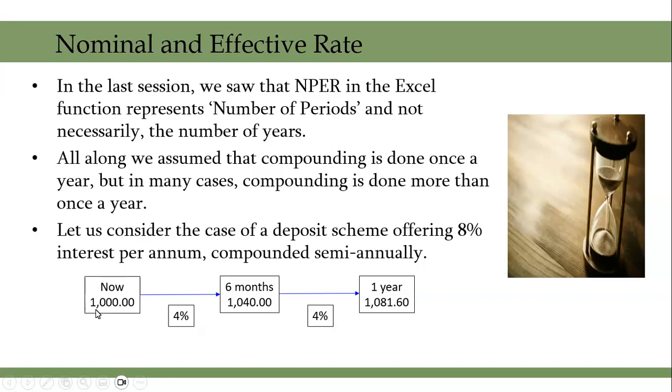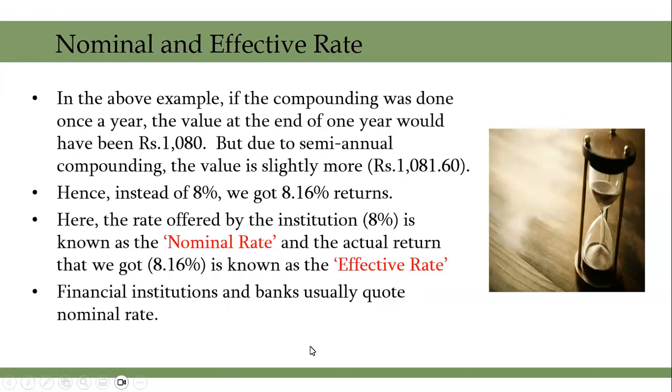I'm going to get 4% interest on this 1,000 plus the interest I received during the first 6 months period. So 1,040 will now be compounded at 4% rate. And at the end of 1 year, I will get 1,081.60.